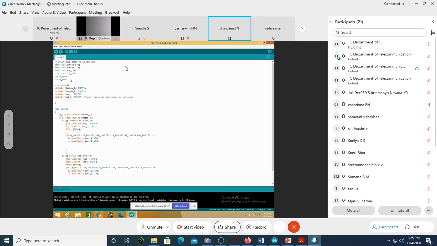Then come down. Pin modes. Can you make out these pin modes?